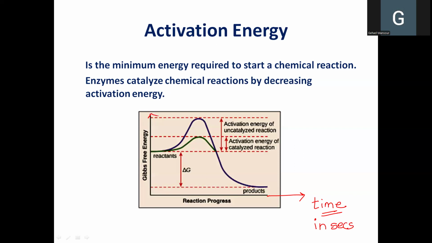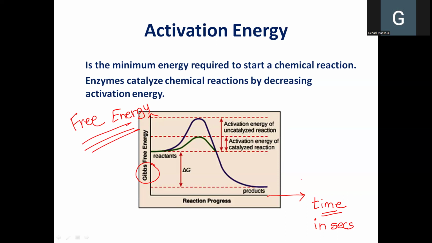And on the y-axis, we have energy. Of course, here there is Gibbs free energy. You needn't memorize the name Gibbs, but the free energy is the energy that is available for the molecules to react. So you just write energy. You needn't even write free energy. This is a bit beyond the scope of your curriculum.